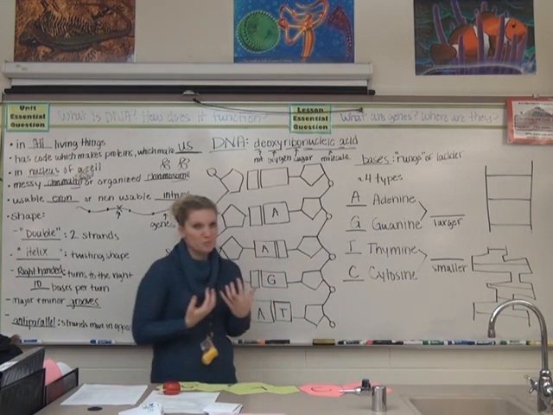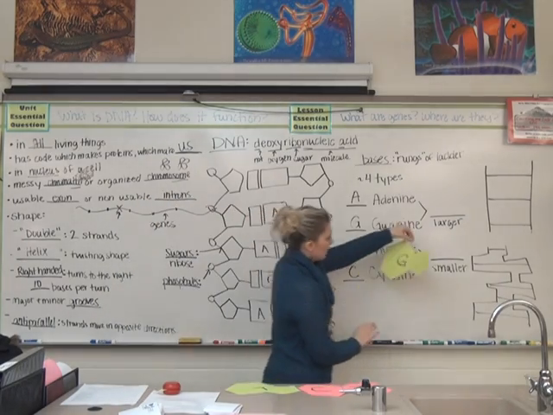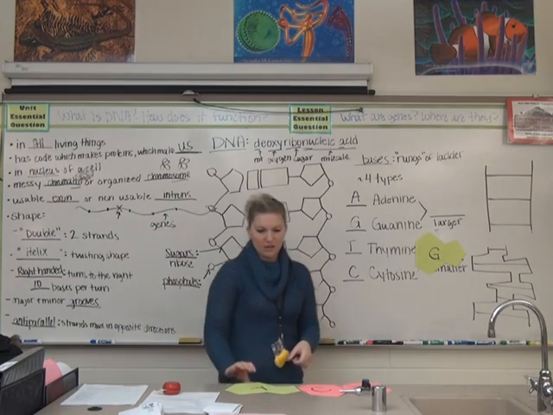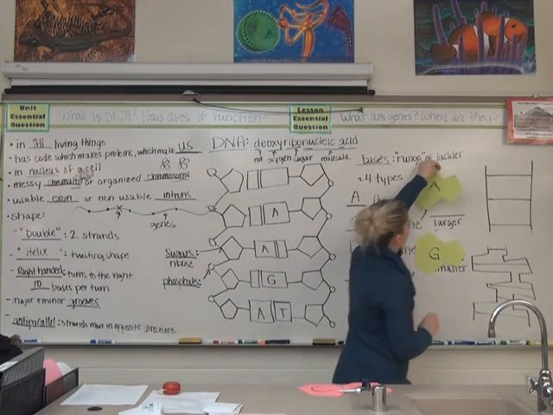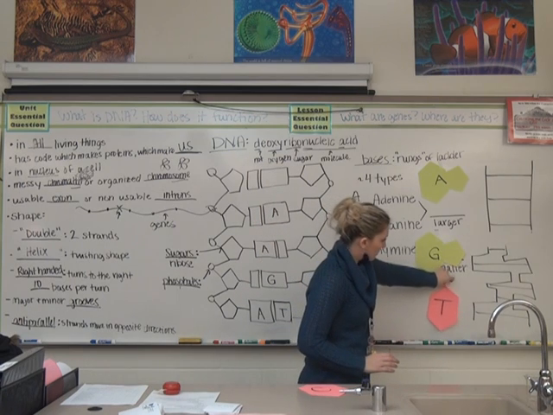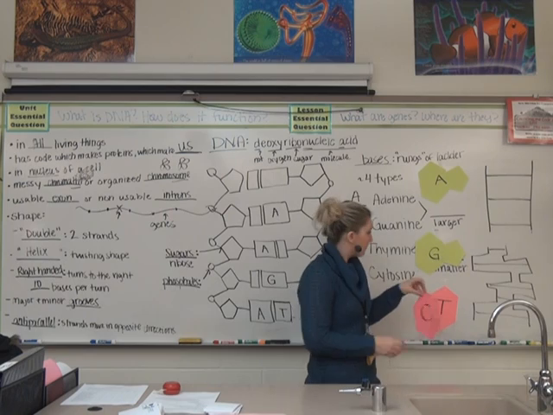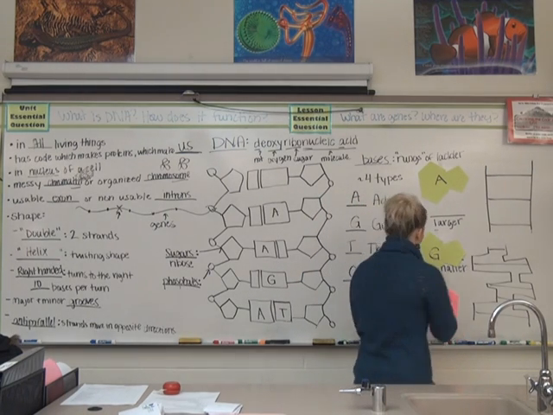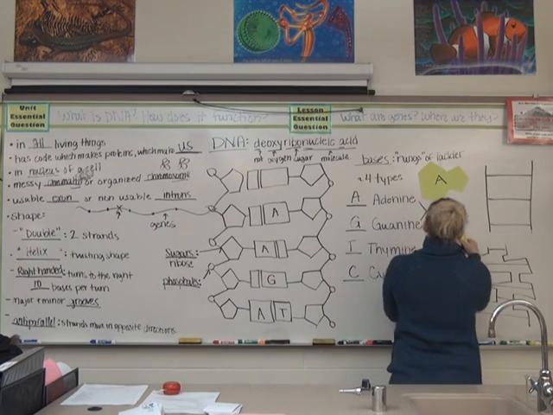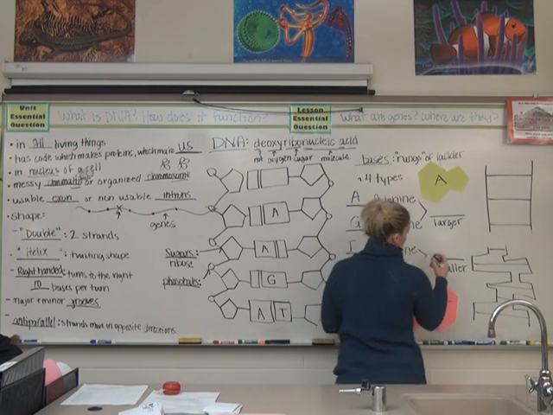Now all of these bases aren't the same size. Here's how big G is. It's huge, right? And here's how big A is, also pretty big. T is a little bit smaller, and C is even smaller yet. And so what we can see, because T and C are smaller, we call them purines.